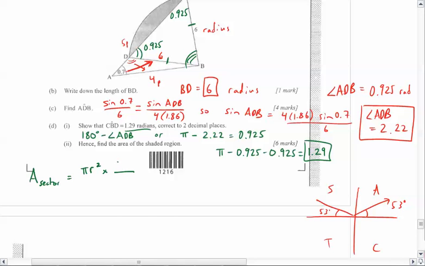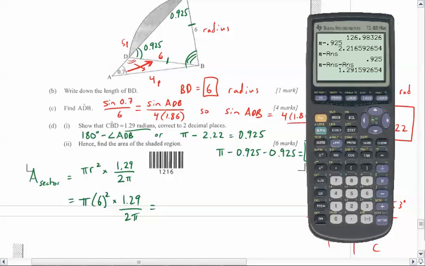So my angle is 1.29 radians, but a whole circle is 2 pi radians. So if I take those numbers, I should get the area of the sector. So pi times 6 squared times 1.29 over 2 pi is 23.25.